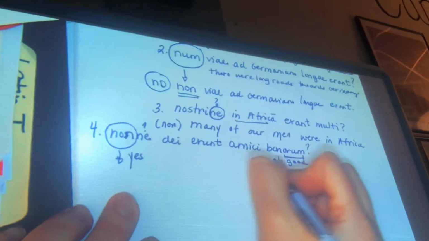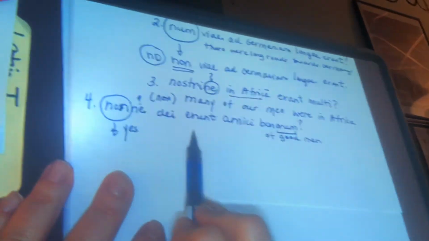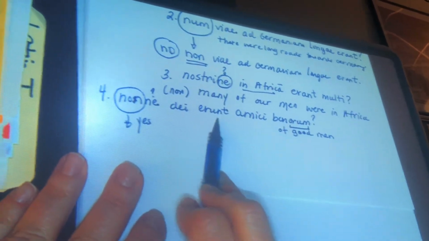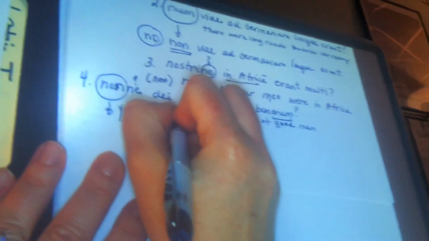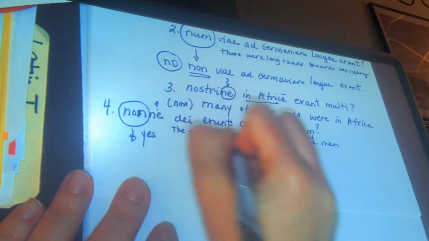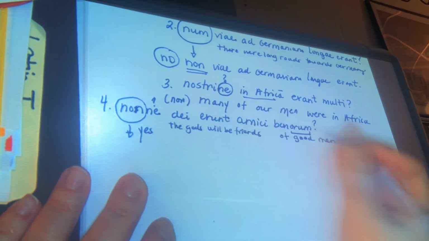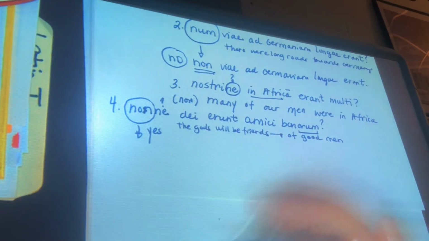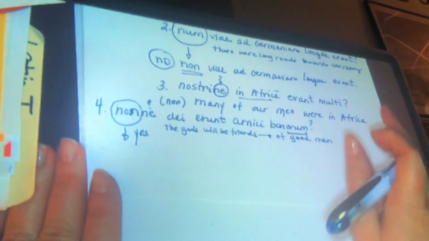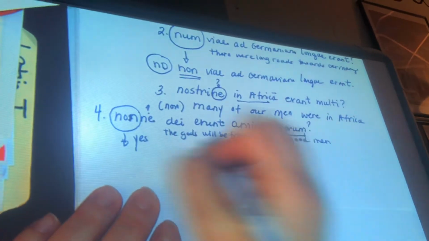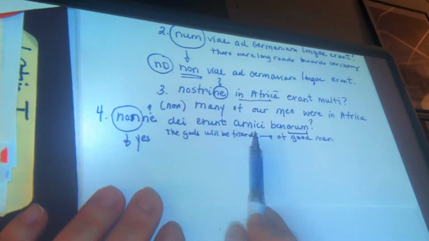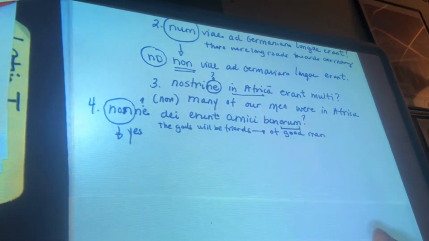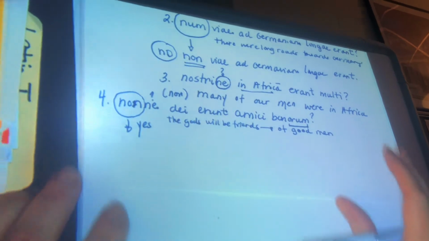So the gods will be friends of good men. Okay, and you just want to say yes, so you just have to restate it, right? So you're just literally writing the question, dei erant amici bonorum. So you're just restating it.